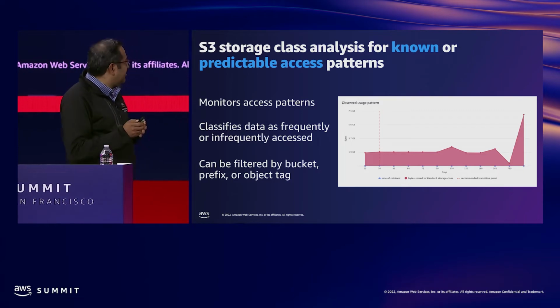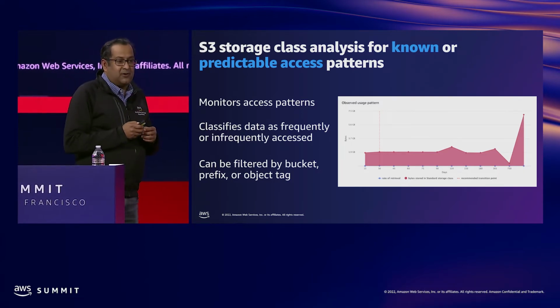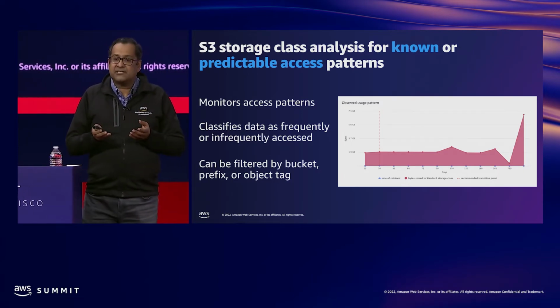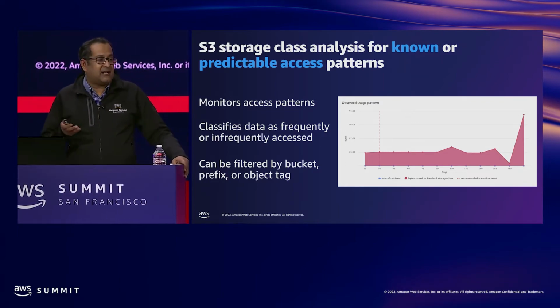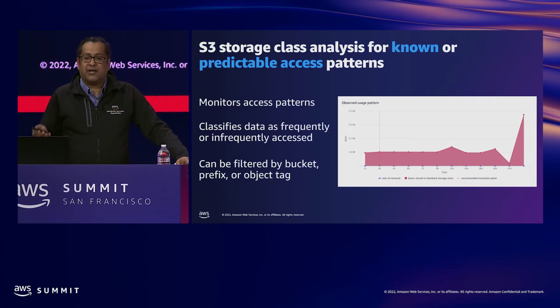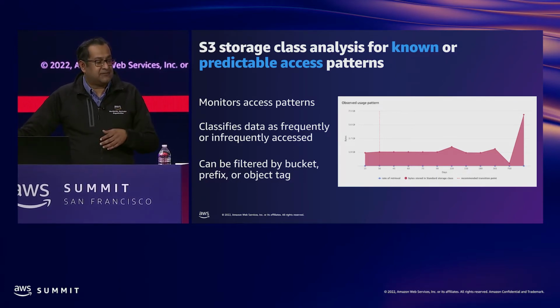I don't think it's very clear in this slide, but you can see that little dotted line on the left, which is at about 30 days. And what, in this case, Storage Class Analysis has said is that after 30 days, you should tier your data from maybe standard down to S3 infrequent access, right? So that's what Storage Class Analysis does. It analyzes your data and gives you a recommendation for when you can tier your data down to a different storage class, okay?